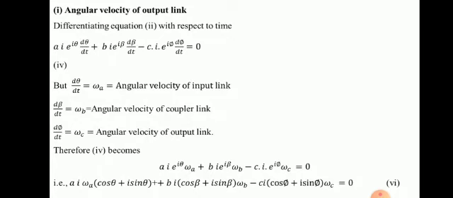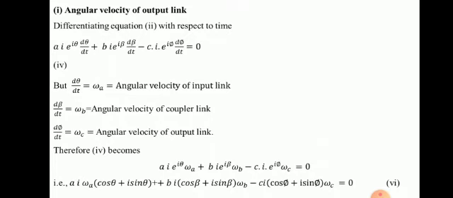Now let us see the angular velocity of the output link. Differentiate equation 2 with respect to time: A i e to the i theta into d theta by dt plus B i e to the i beta into d beta by dt minus C i e to the i phi into d phi by dt is equal to 0. You are differentiating the equation with respect to time.